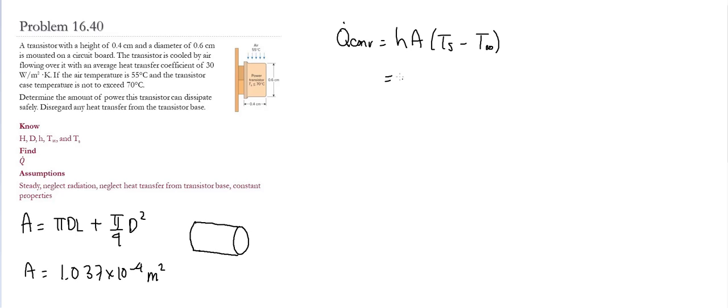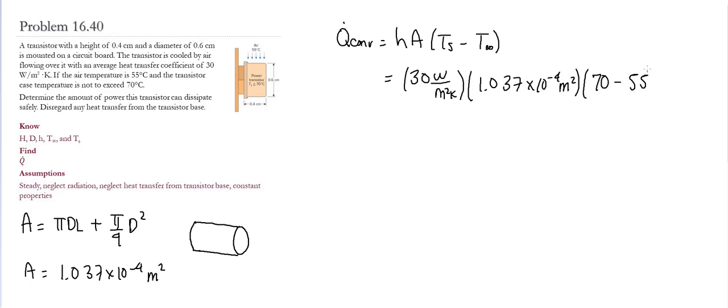The value of h was given to be 30 watts per meter squared Kelvin. We calculated the area to be 1.037 times 10 to the negative 4 meters squared. The surface temperature cannot be any higher than 70 and the fluid temperature is 55 Celsius.